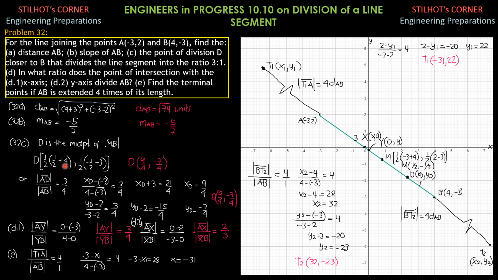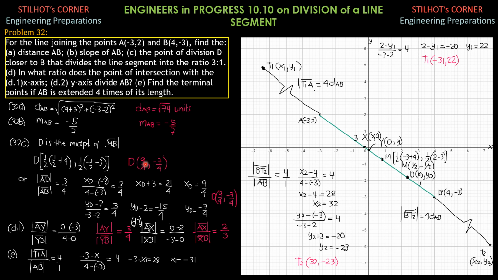So simplifying, this is 9 halves. 1/2 of 9 halves is 9/4. Then 1/2 of negative 7 halves is negative 7/4. So that's it. Point D is at 9/4 comma negative 7/4.